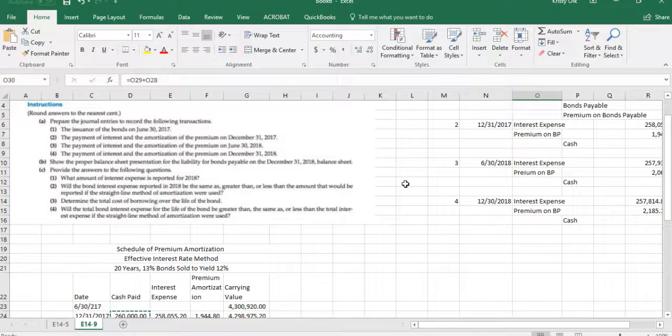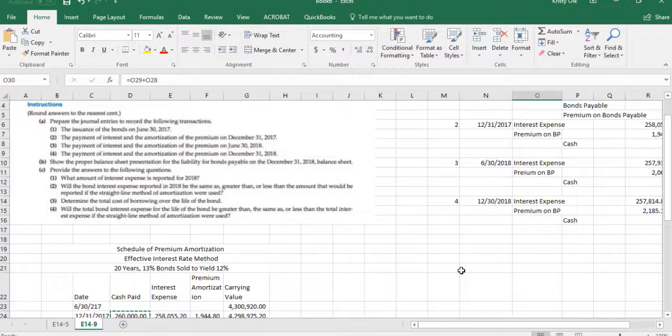So we need to figure out the amount of the interest expense that is reported for 2018. The equivalent of interest that would be paid, you would automatically think, okay, we paid $260,000.